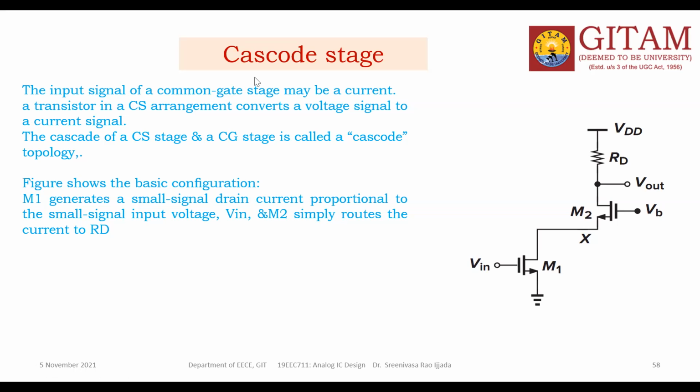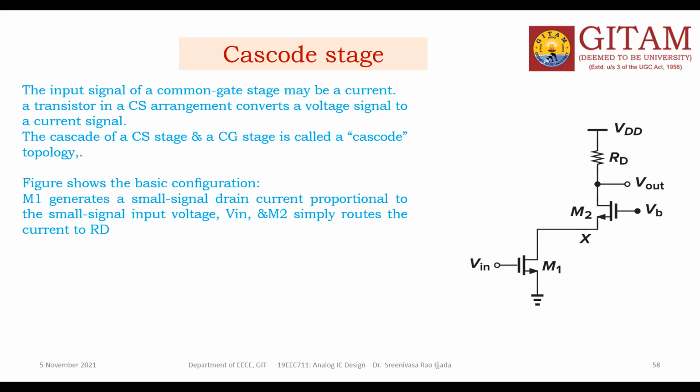Whereas when it comes to the CG, common gate stage, the input signal is the current signal and output signal is the voltage signal. So whenever you are connecting the cascoding of both CS and CG, what happened?